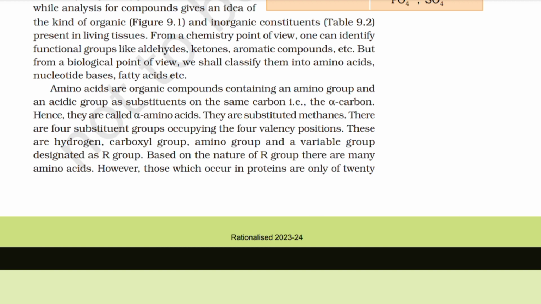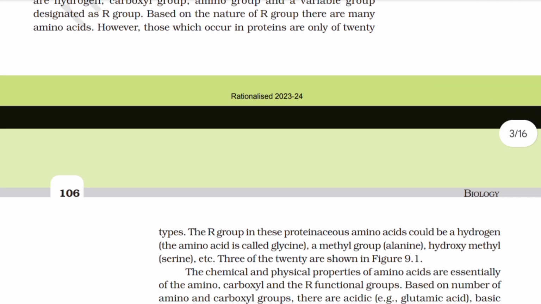They are substituted methanes. There are 4 substituent groups occupying the 4 valency positions. These are hydrogen, carboxyl group, amino group, and a variable group designated as R group. Based on the nature of R group, there are many amino acids. However, those which occur in proteins are only of 20 types.